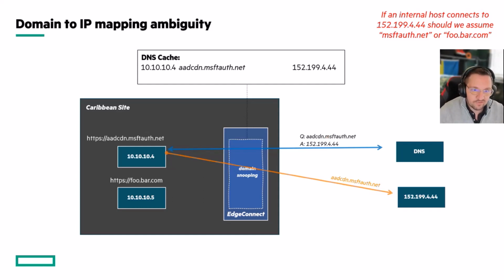The problem arises when 2 different users, so the second user here, 10.10.10.5, loads up into his browser foo.bar.com, does a name resolution for foo.bar.com, and gets back the same public IP. The same exact public IP. This is very common.